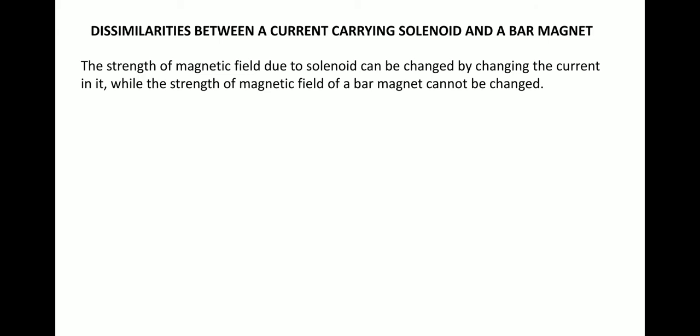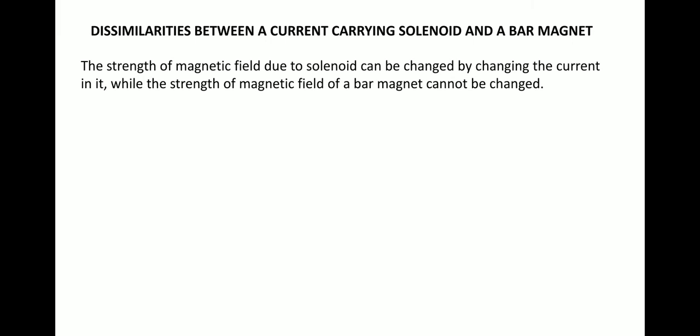This means the strength can be increased or decreased by changing the amount of current passed through the solenoid. But the strength of the magnetic field of a bar magnet cannot be changed. So you cannot increase or decrease the strength of the magnetic field of a bar magnet, but the magnetic field generated by a solenoid can be increased or decreased.